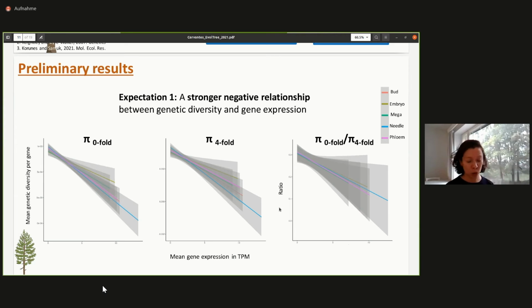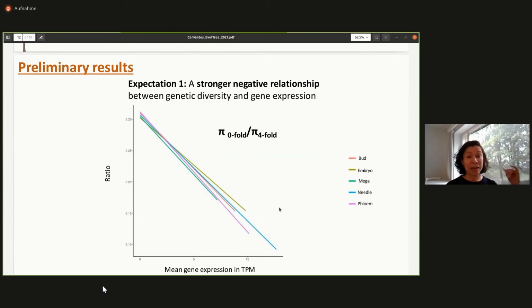I'm going to show you the third graph without the shading. Here, we can see that the megagametophyte has the strongest negative relationship. I know that this is insignificant and the data is not different, or there is no difference in reality in the tissues, but at least this is in the trend of what we were expecting to see.